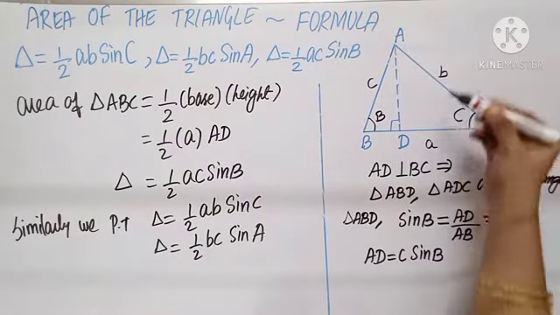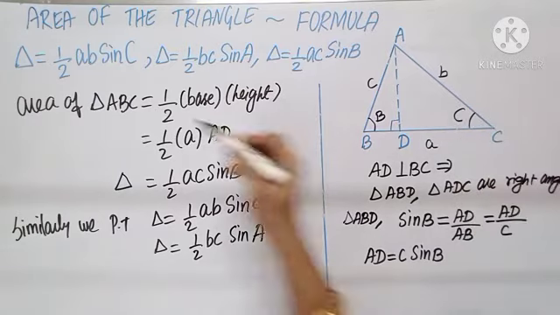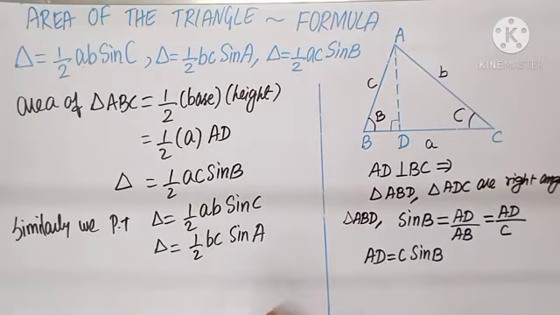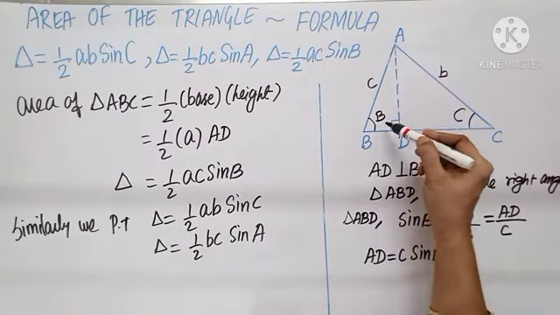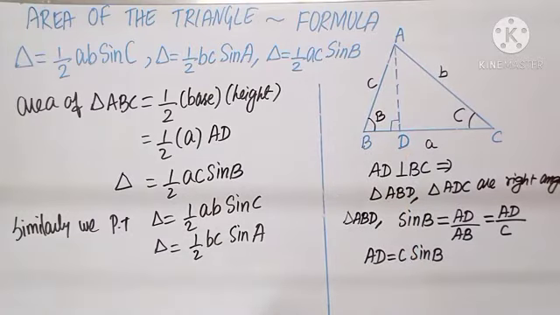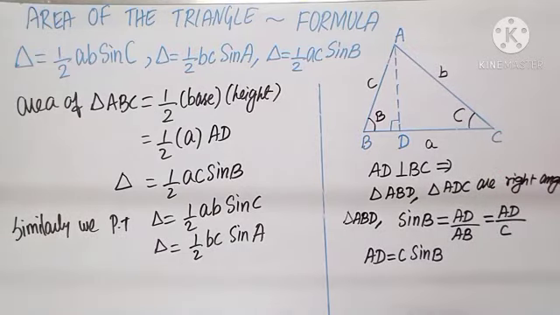Two sides A and B and the included angle C is known, I can use it in this way. Two sides A and C and the included angle B is known, I can use it. So generally in problems, in practical life situations, if I know the two sides and the included angle, I can definitely find the area of the triangle.